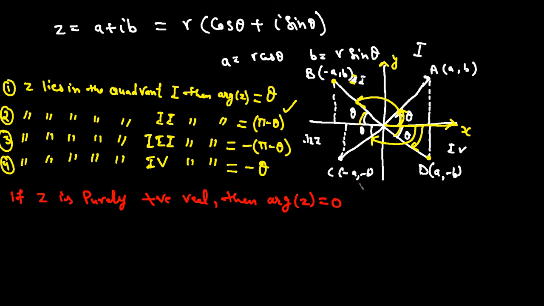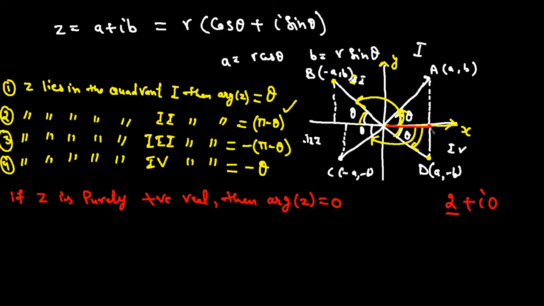For example, let's say I got a complex number 2, just 2, which is 2 plus i0. So in this case, this value 2 lies along my positive x-axis somewhere.